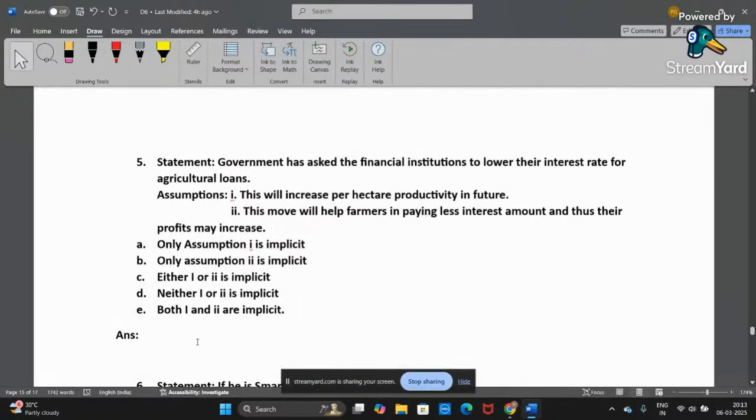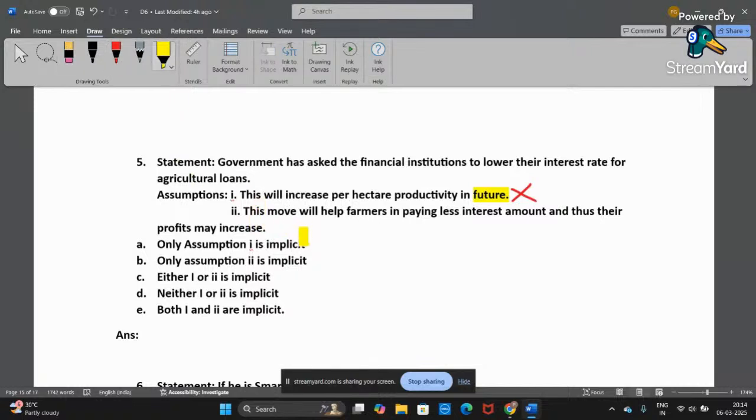Now let's read the next one. State government has asked the financial institution to lower their interest rate for agriculture loan. Assumption: this will increase per hectare productivity in future. I told you whenever they're talking about the future or about the past in an assumption, then that assumption will be explicit. So this one is wrong.